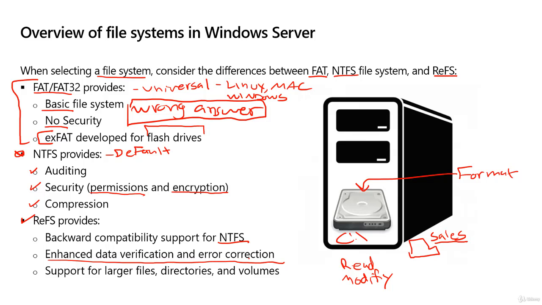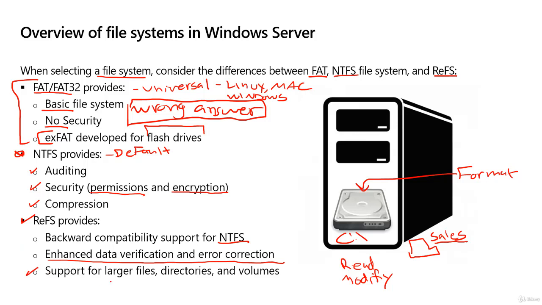When you save data to it, it'll verify that the data is actually readable, and it can auto-correct many types of disk errors that FAT or NTFS are unable to do. And NTFS, since that's what we will primarily use, is an incredibly stable platform. So even though this says it has some enhancements in those areas, it's not that NTFS is really lacking in those areas. It's incredibly stable. This just has some additional capabilities.